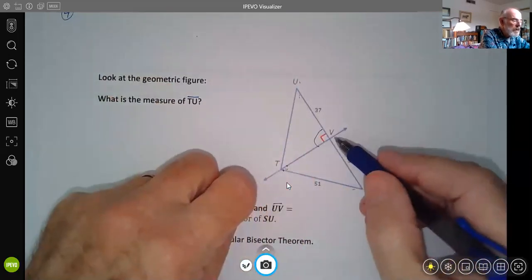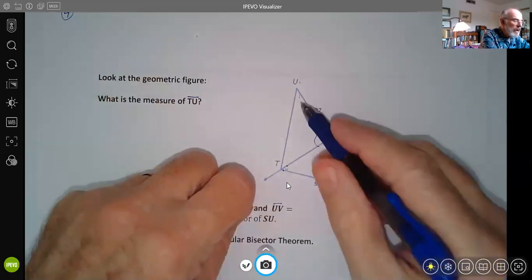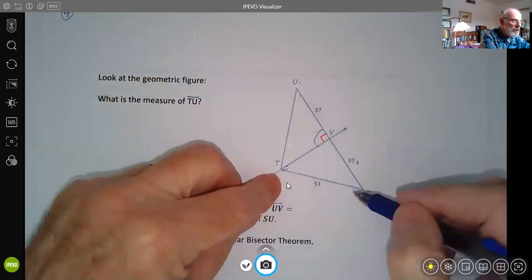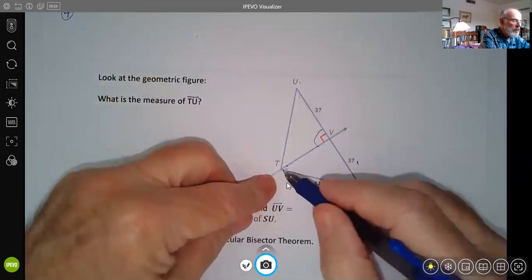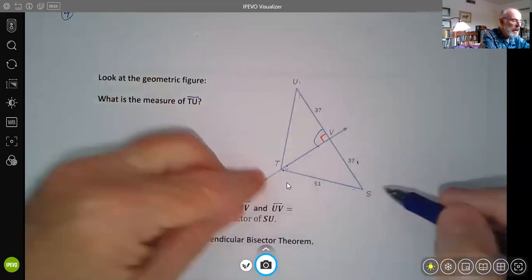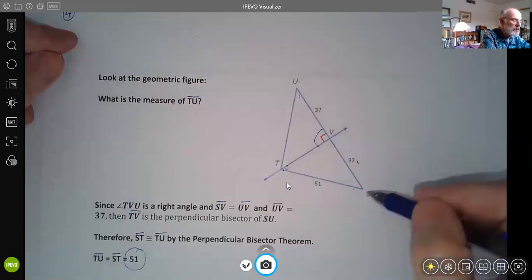So the arrow is going to be equidistant from the ends of the bow, and the T up here where the arrow and the string touch is also going to be equidistant from U and S.